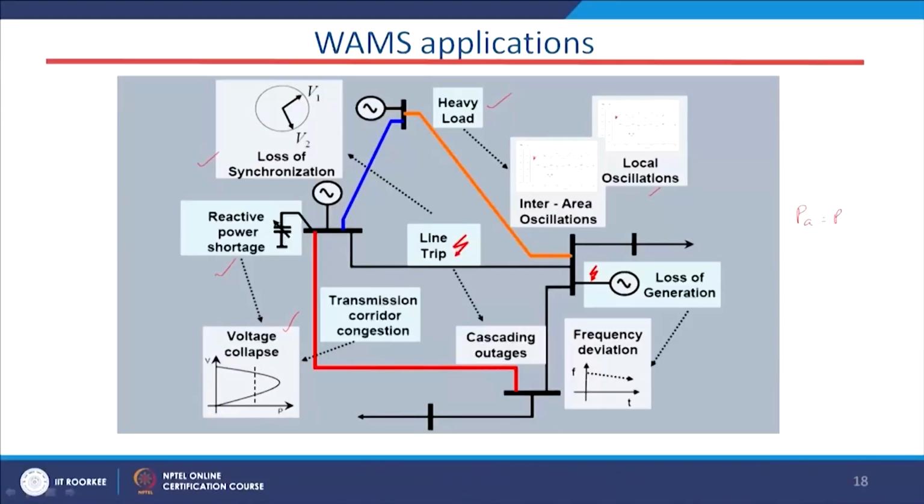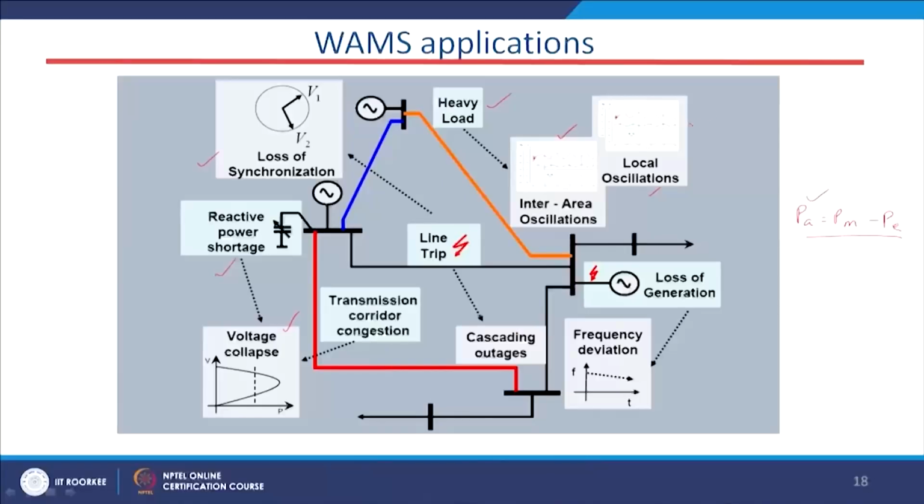So if the mechanical power remains constant and the electrical power varies, there will be a difference between the two powers, that is, P A is equal to P M minus P E, the accelerating power, mechanical power minus electrical power.